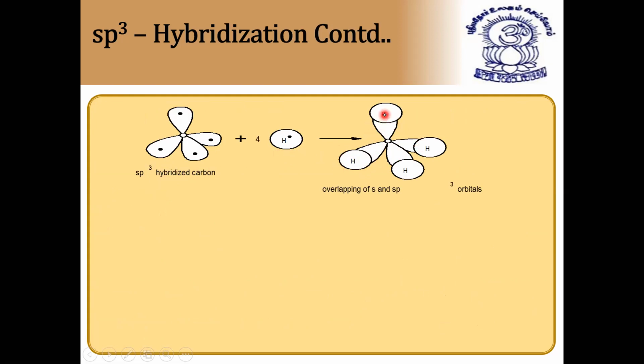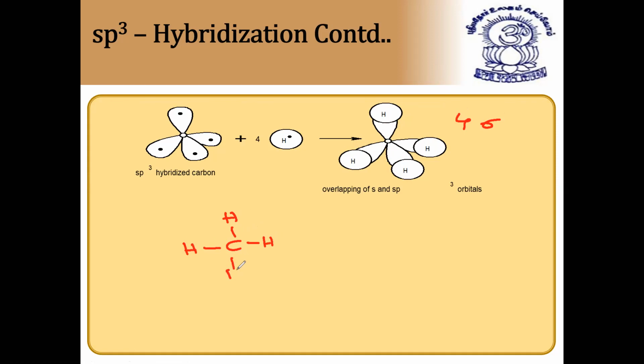Here, the s orbital of hydrogen overlaps with an sp3 orbital of carbon, four times. As they overlap end-to-end, it results in the formation of four sigma bonds. The structure will be a carbon with four hydrogens.